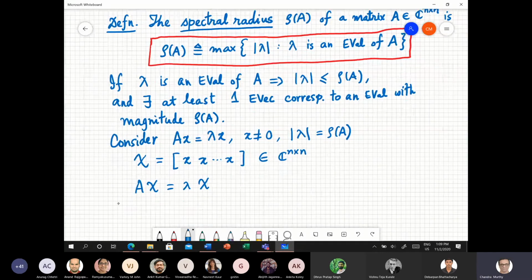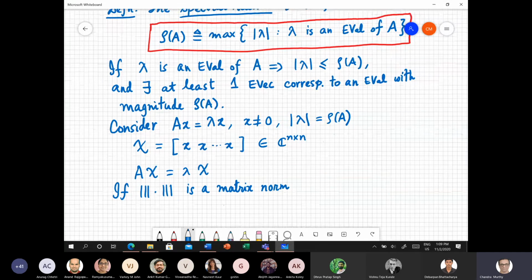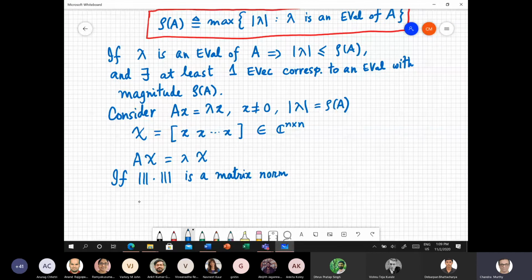Now, if you're given any matrix norm, then consider mod lambda times the matrix norm of this X. This is equal to the matrix norm of lambda X, just by homogeneity.